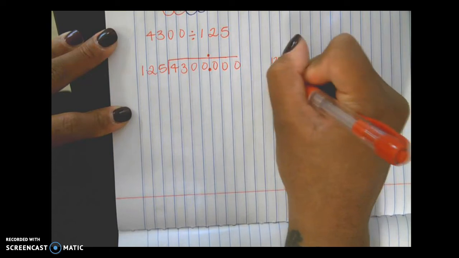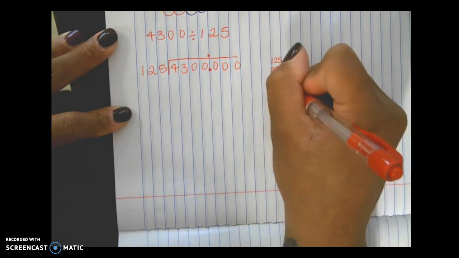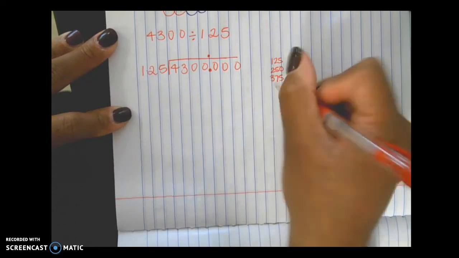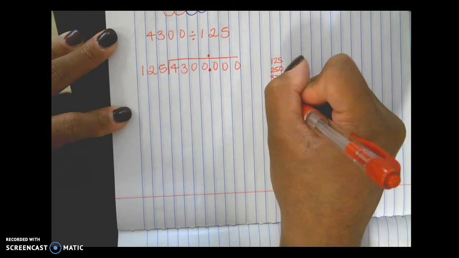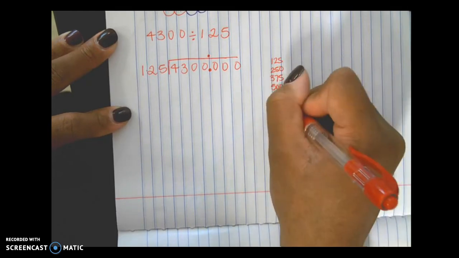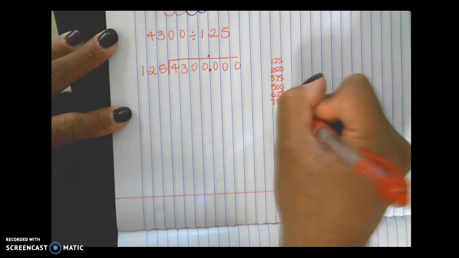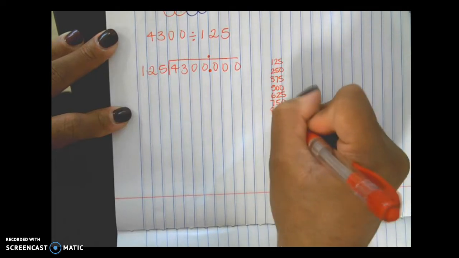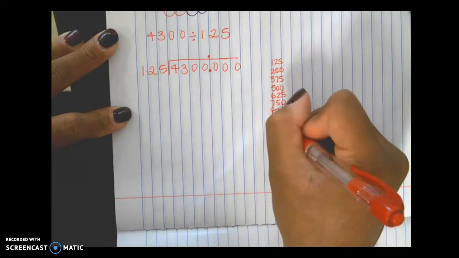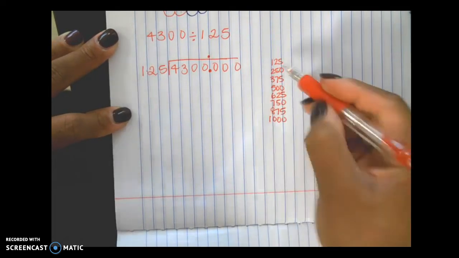125, 250, 375, 500, 625, 750, 875, 1,000.